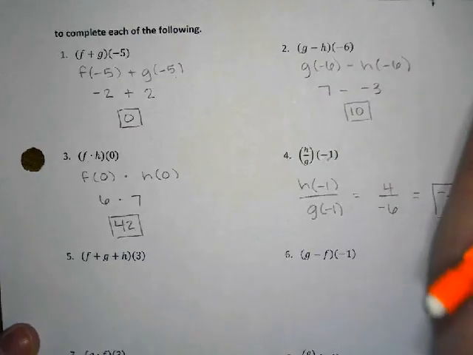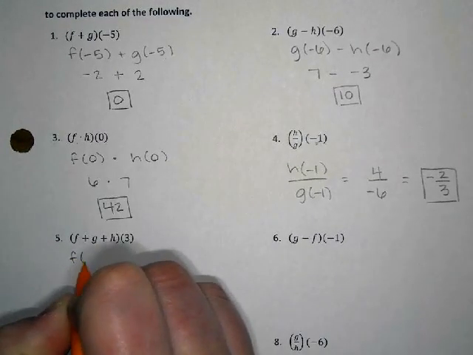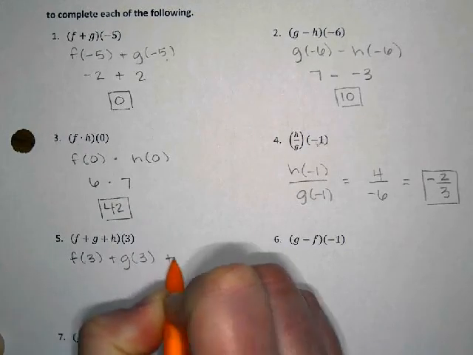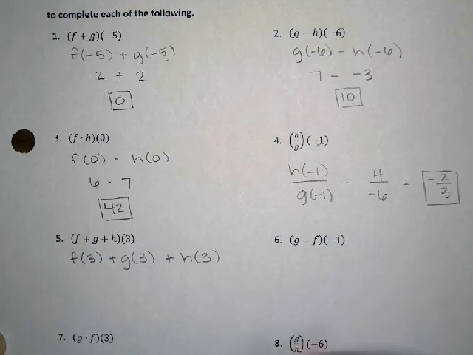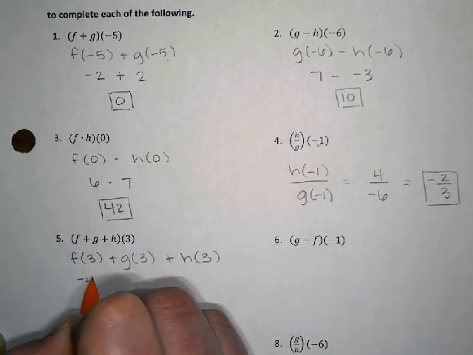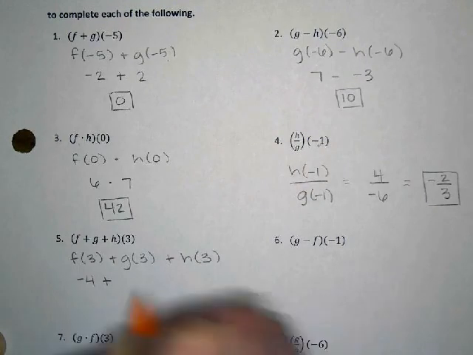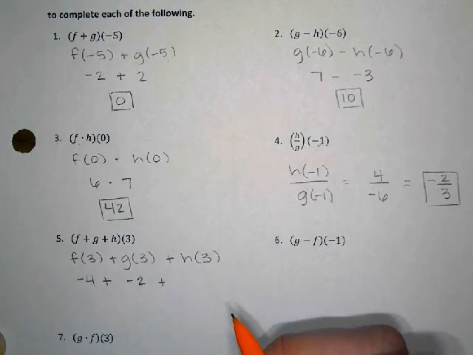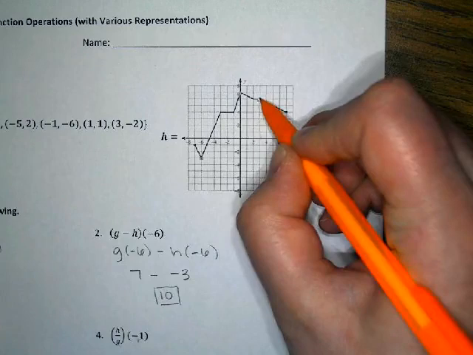Okay, this one says f plus g plus h of 3. So we're going to do f of 3 plus g of 3 plus h of 3. So what is f of 3? Negative 4. What is g of 3? Negative 2. And then what is h of 3? So h of 3, 6.